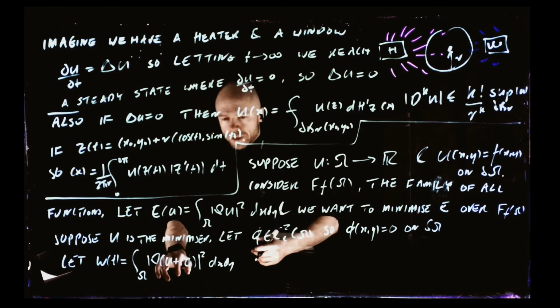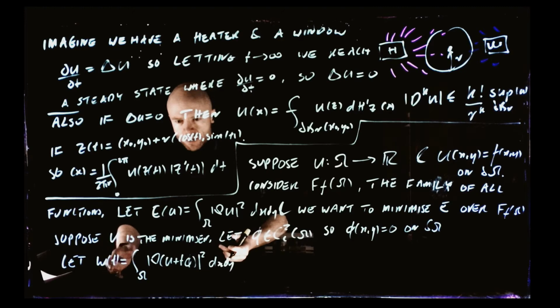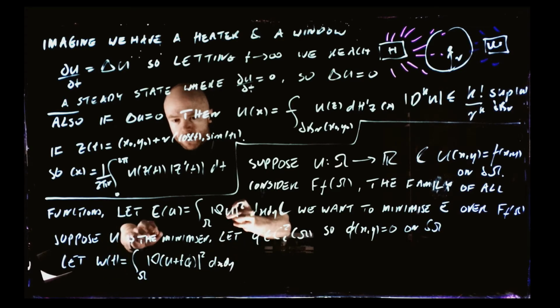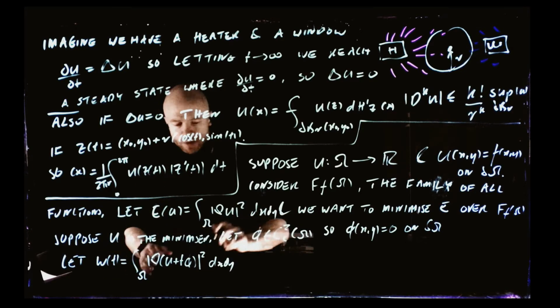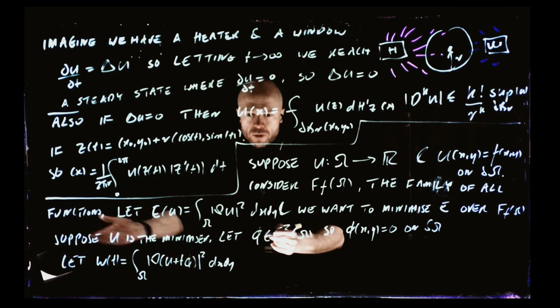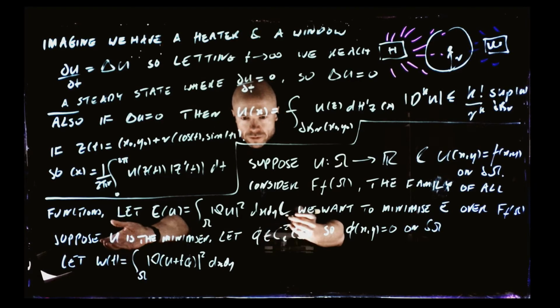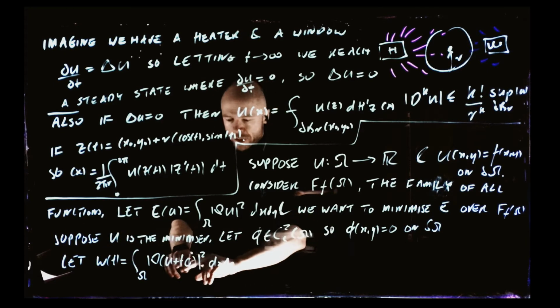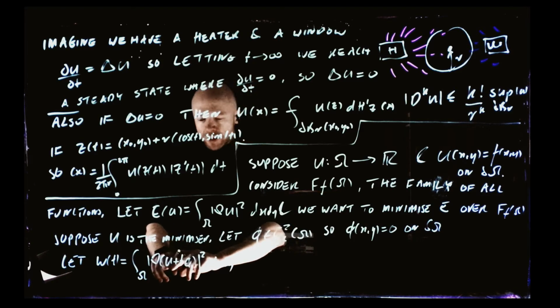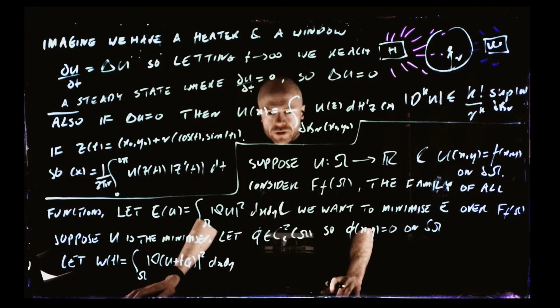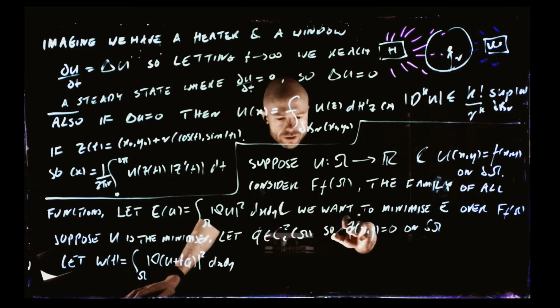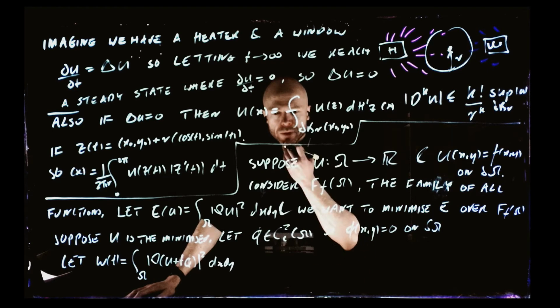Now, u is meant to be the minimizer, right? So w of 0 should be the smallest value as we move around t. Because as we move around t, we still satisfy the same boundary conditions, because this thing is 0 on the boundary. Do you see what I mean, people?